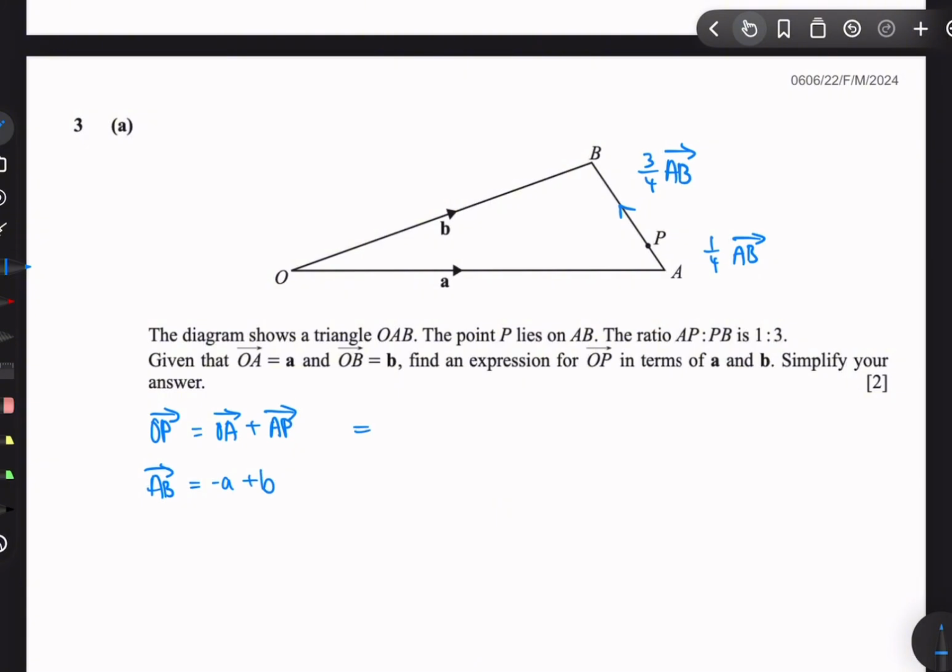Okay, so OA is a, plus AP is 1/4 of AB. Okay, so that's OP.